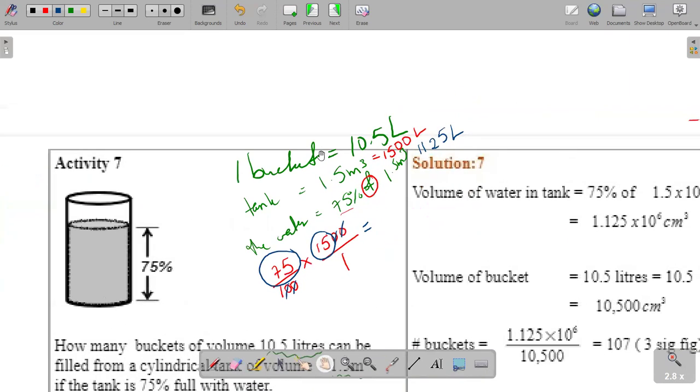So how do I go from here now? Now I have all of my things in the same unit, so now I could work it out, right? One bucket is 10.5 liters, and there is 1125 liters. How do I determine how many buckets I could fill? Somebody tell me what I should do. Should I add? Should I subtract? Should I multiply, or should I divide?